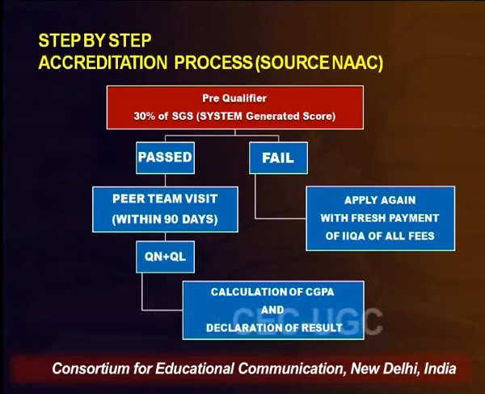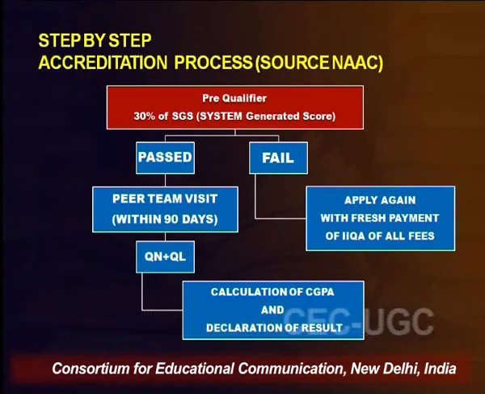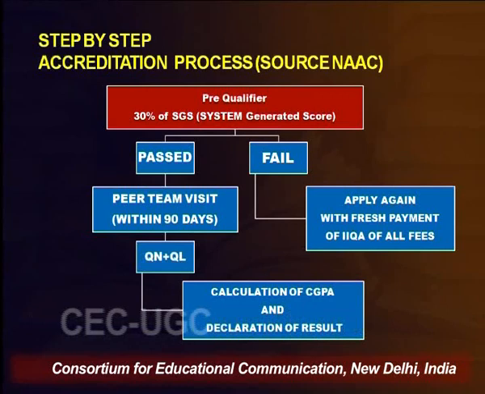If you are passed, then you are allowed to have a peer team visit within 90 days, that is 3 months. And if you fail, that is you don't have 30% of the SGS, you need to apply again with a fresh payment of IIQA for all types of fees.